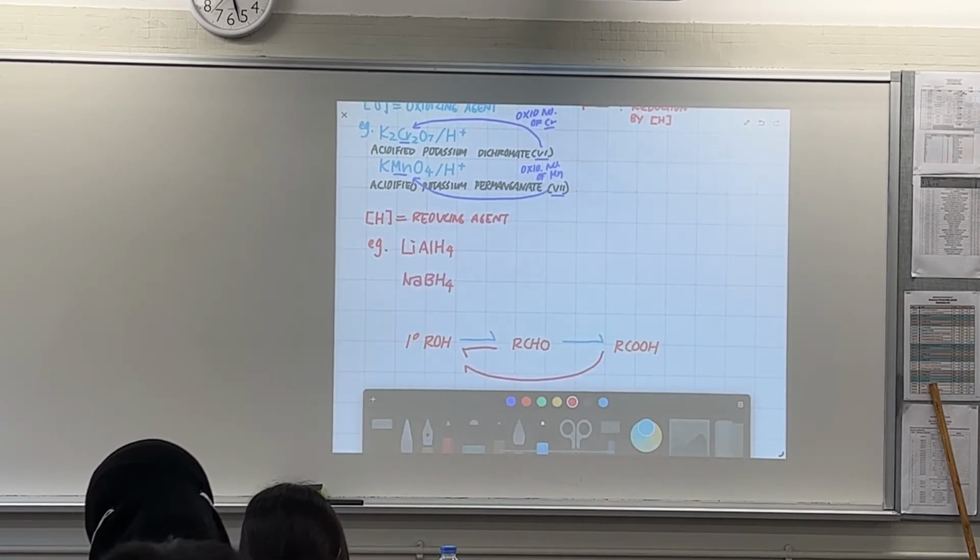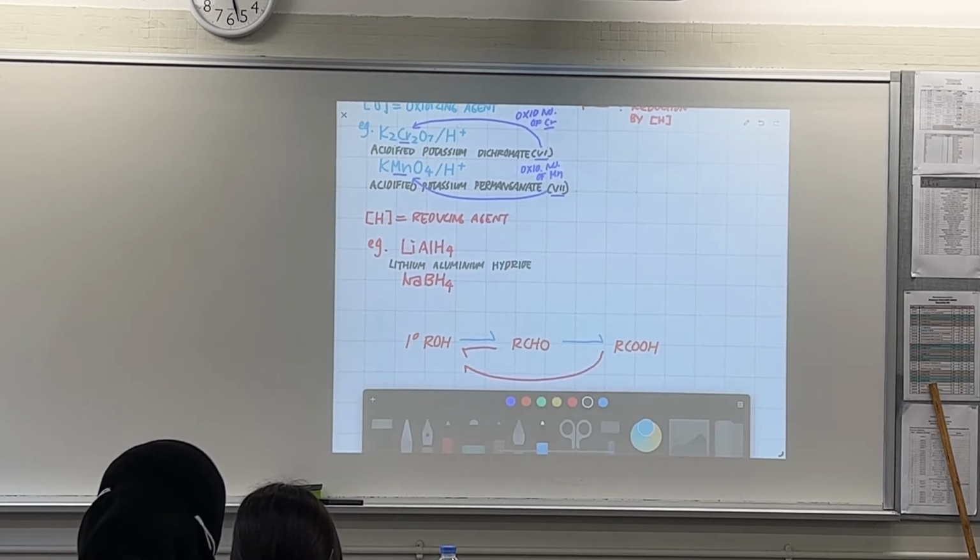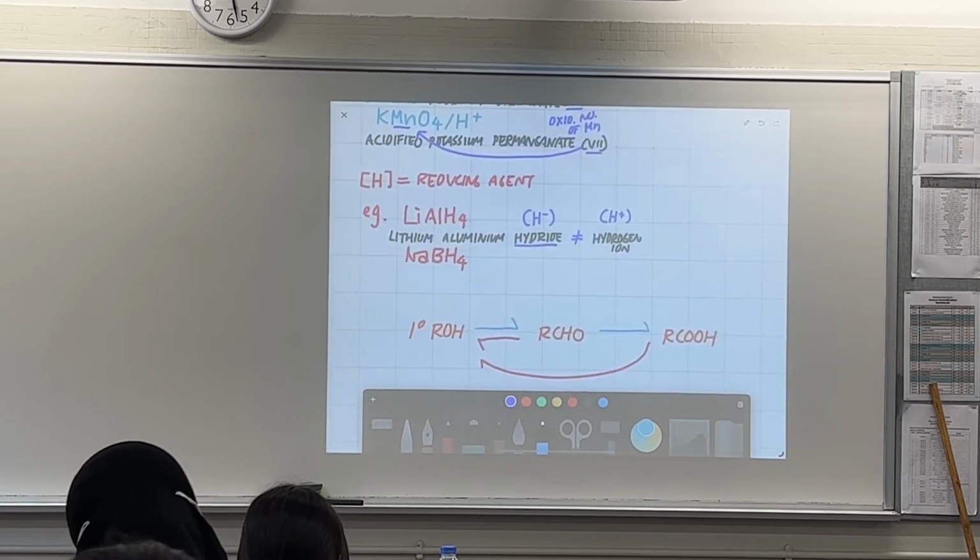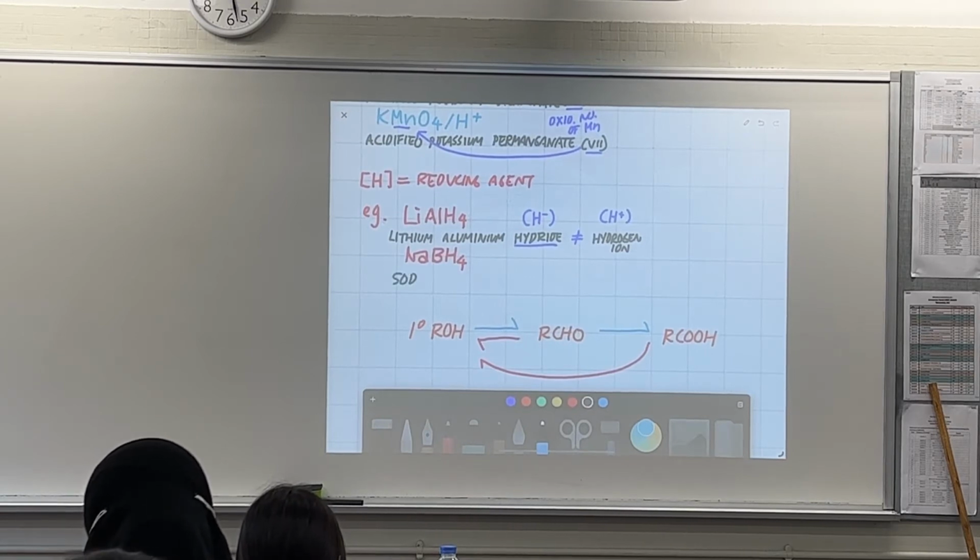Don't worry, you don't need to know the names of these two; just recognize them when you see them in a question. Hydride ions are H minus ions. They are not hydrogen ions. Hydrogen ion is H plus, the one you learn in the SN chapter. Hydride ion means H minus ion.